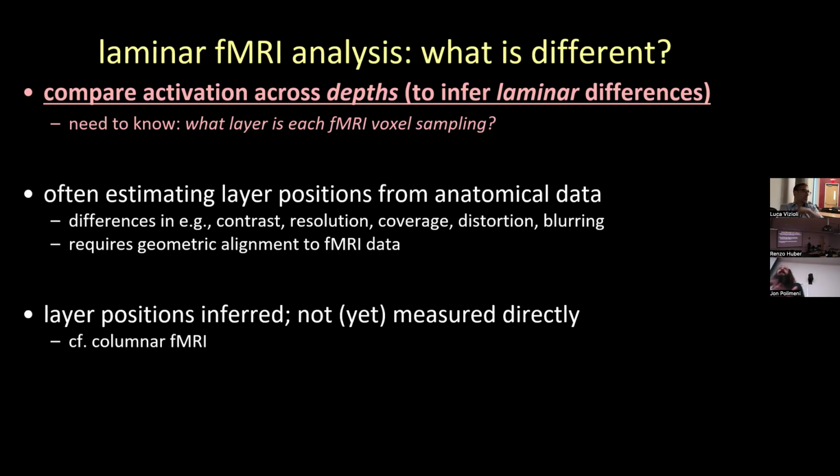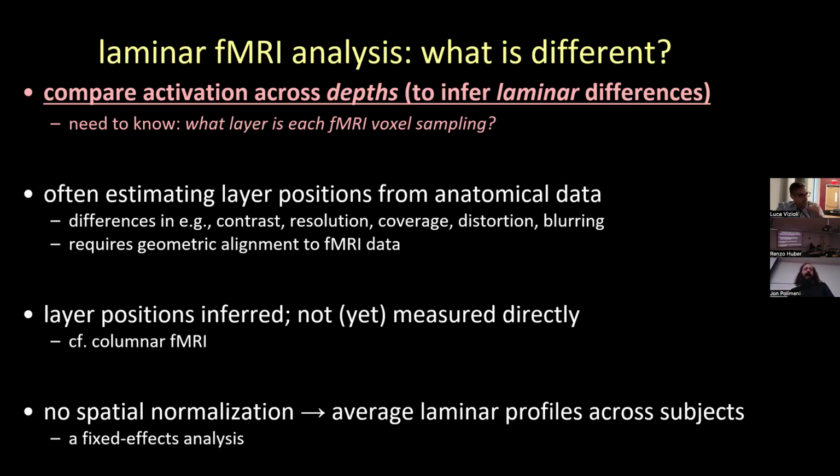This is very different from columnar fMRI, right? In columnar fMRI, there's no anatomical prior that you can use to define the column borders. But laminar fMRI is easy in some sense: upper layers on the top of the cortex, lower layers on the bottom. But it's still quite difficult to really understand exactly which layer your fMRI voxel is sampling from.